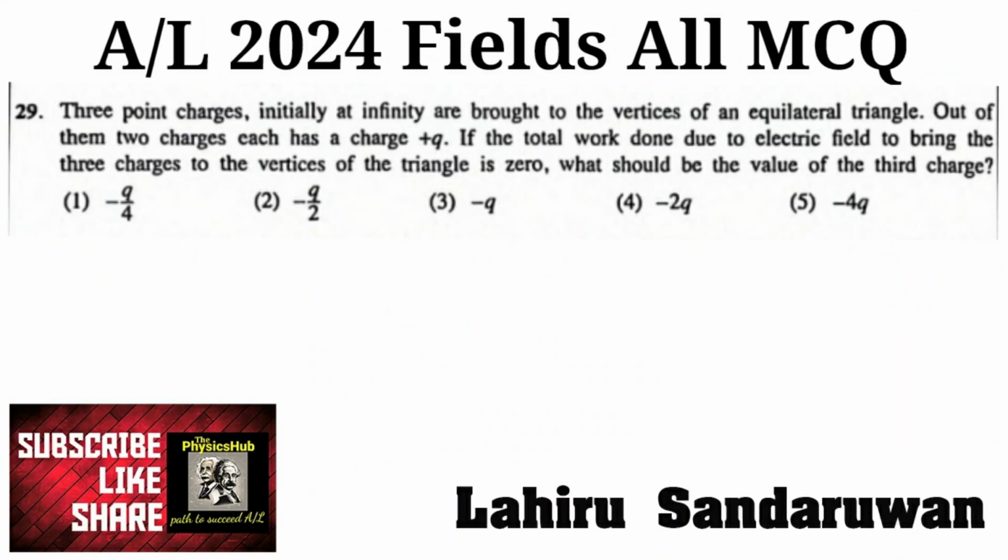Question number 3. Three point charges initially at infinity are brought to the vertices of an equilateral triangle. Out of them, 2 charges each have a charge of plus q. If the total work done due to the electric field to bring the 3 charges to the vertices of the triangle is 0, what should be the value of the third charge?